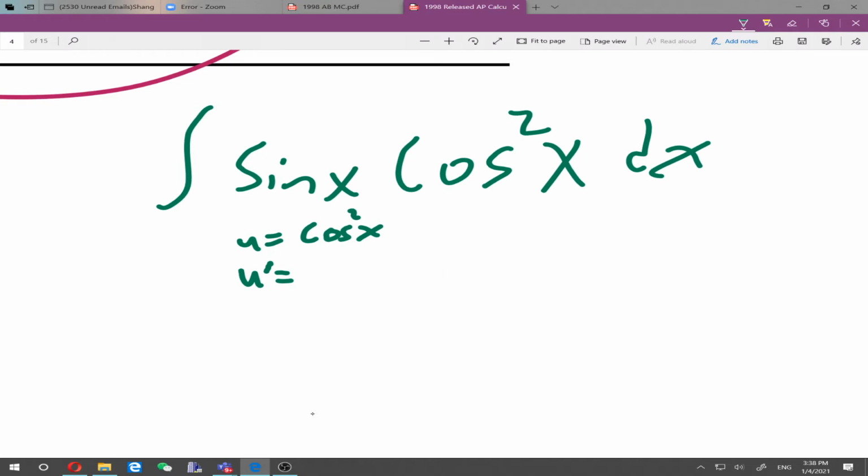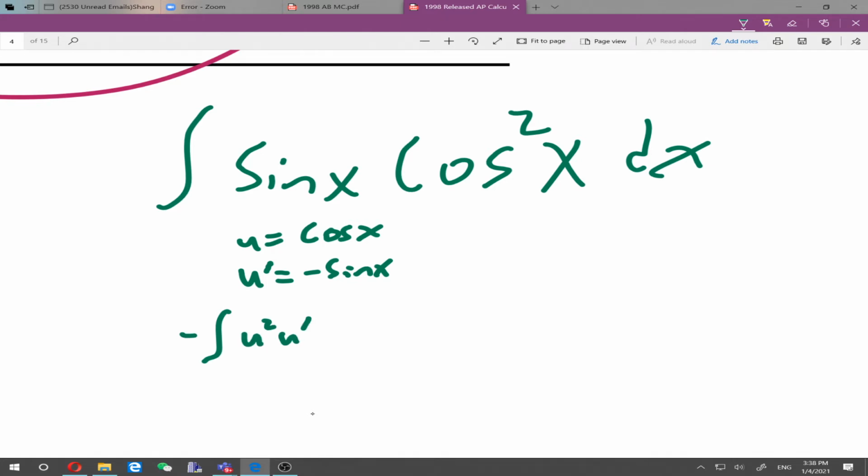So I've got one more I can try. If u is just the cosine, just the inside part of that, then what would u prime be? Negative sine. Okay, so then this is the integral of negative u squared u prime.